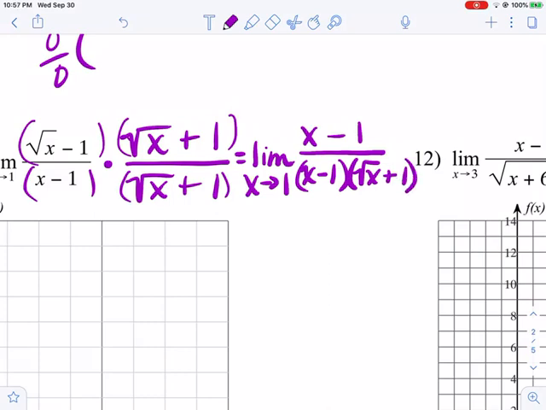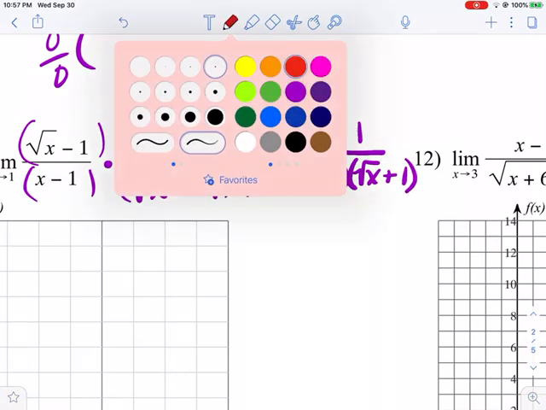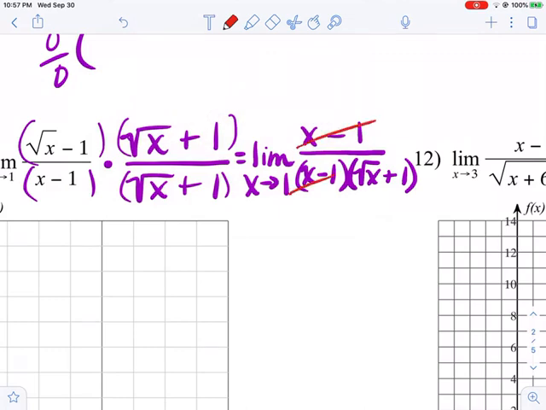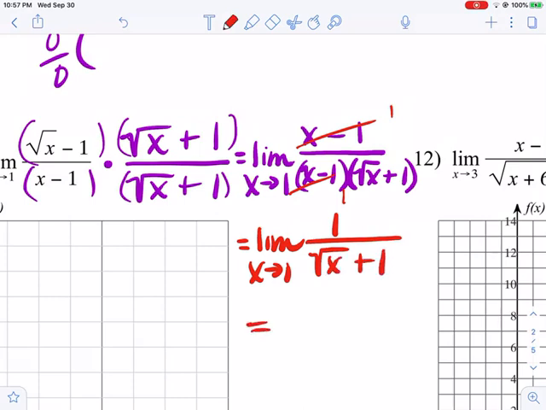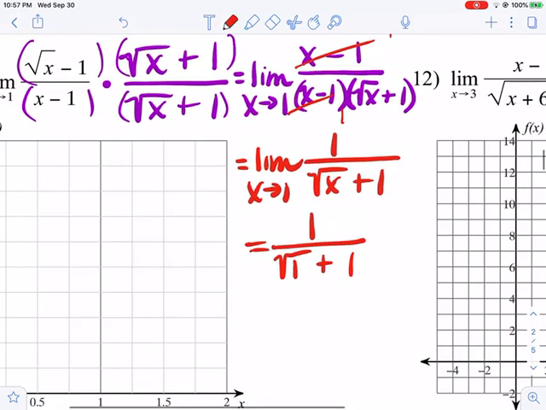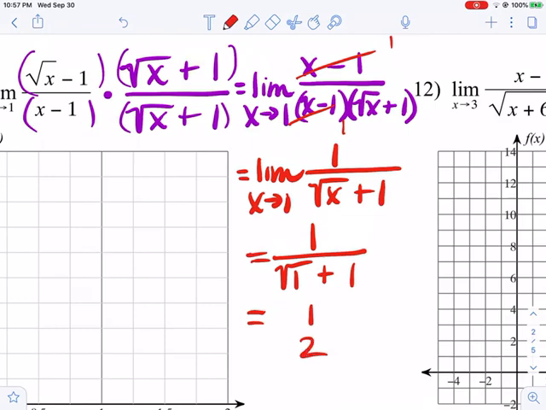I gotta hurry up. This video is getting kind of long. It takes up so much memory. Okay, so now we get the limit as x approaches 1 of 1 over square root of x plus 1, which is equal to 1 over square root of 1 plus 1, which is equal to 1/2, or 1 over 2.